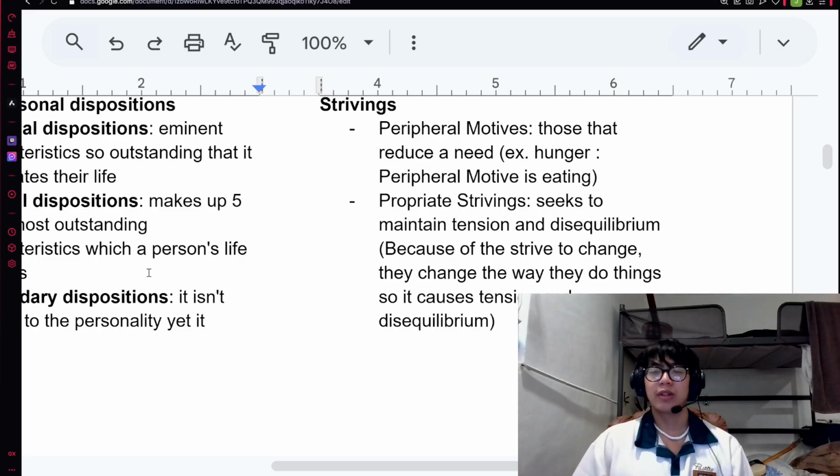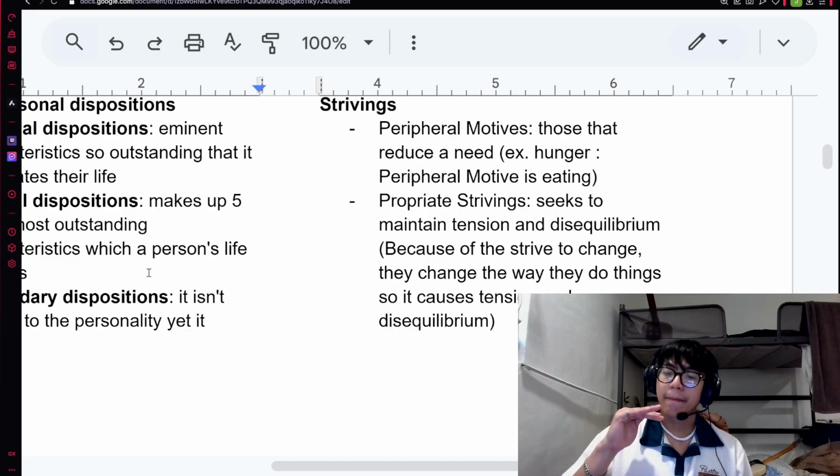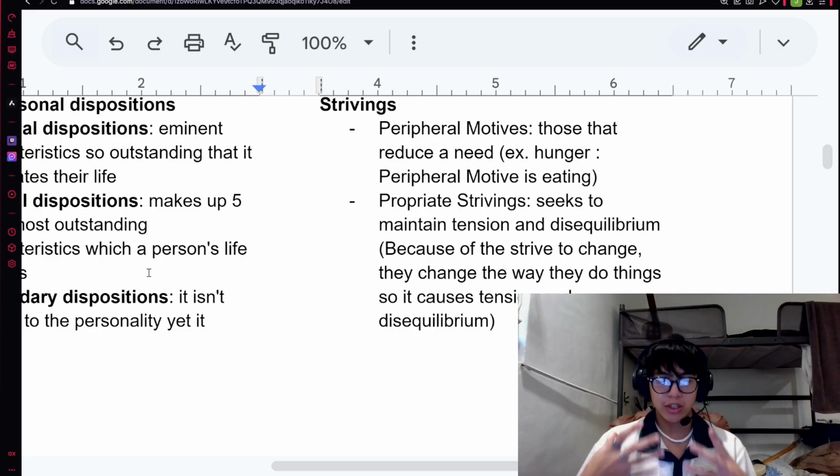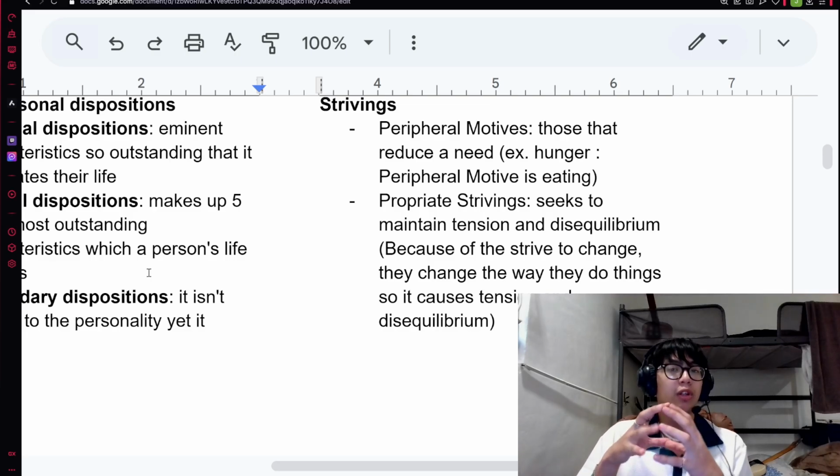So to explain it better, appropriate strivings is basically when you want to change, right? If there's a part of you that you would like to change that is not normal. What I mean by not normal is that it's not in your usual personality. So for example, let's say you're a bad person and you're trying to change for good, so you're applying good personality traits to your life.